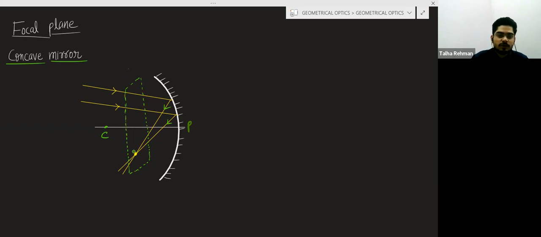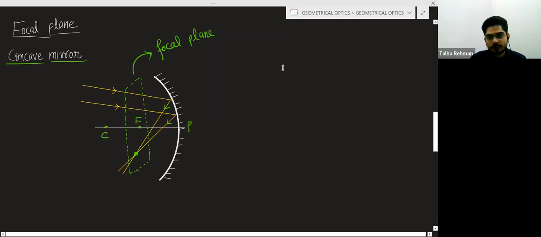So this point will always lie on the focal plane. What is this? This is the focal plane. And somewhere here will be the focus.